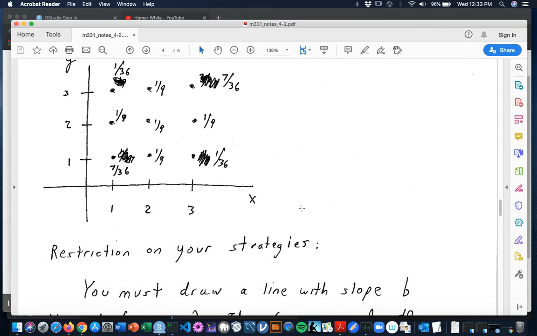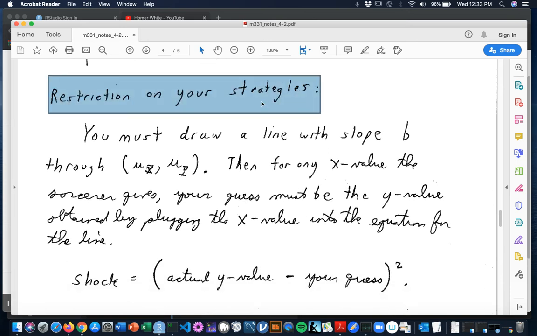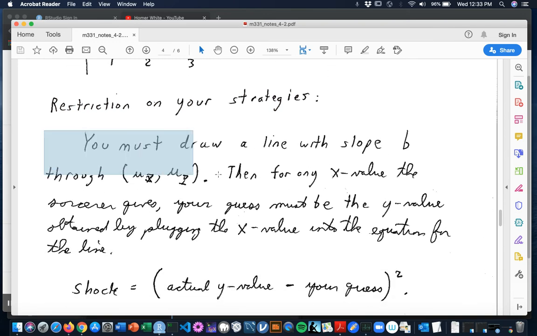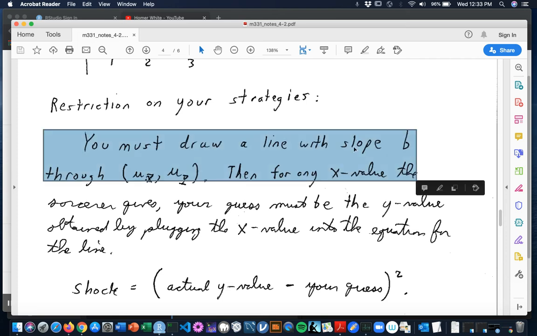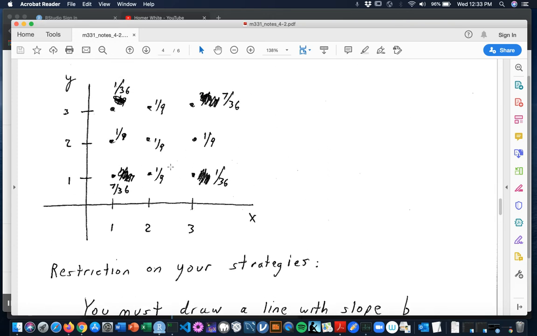So he also imposes a restriction on your guessing strategies, okay? What you've got to do is draw a line with some slope b through the point of expected values of x and y. And so you know that that's the point (2, 2), okay? So you're supposed to draw a line through that point (2, 2). And it can have any slope b that you like.